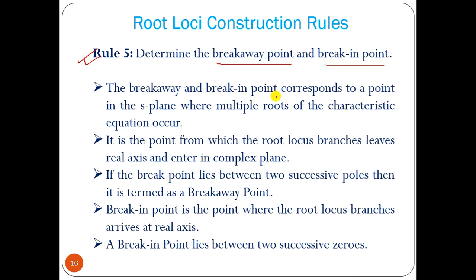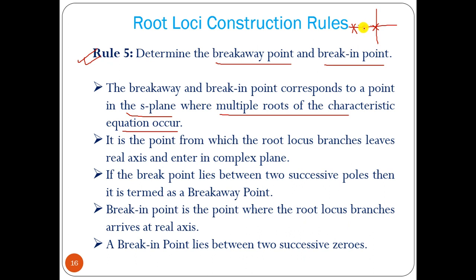The break away and break in point corresponds to a point in the S plane where multiple roots of the characteristic equation occur. That means if we have this particular case, we have one pole and another pole here. What will happen if k varies? Poles are shifting, and at some point multiple poles, that is, these two poles come to the same point.